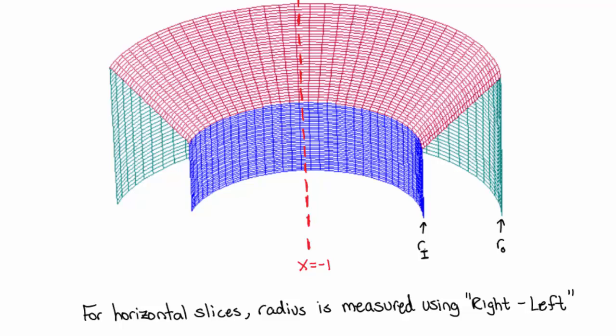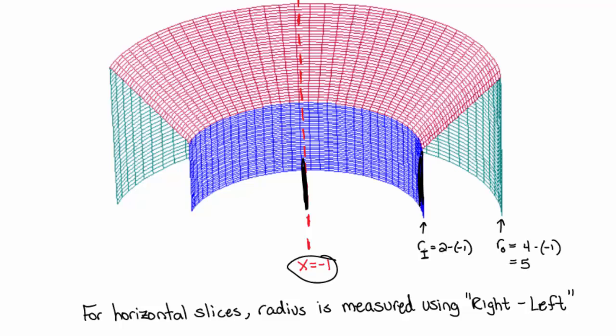So the outer radius here is going to be, well, remember, the x value there is supposed to be 4. So it's going to be 4, which is the rightmost x value, minus the center of the axis of rotation, which is a -1. And the inner radius will be, again, the x value at this edge right here minus the x value at this edge right there. So it'll be 2 minus a -1.